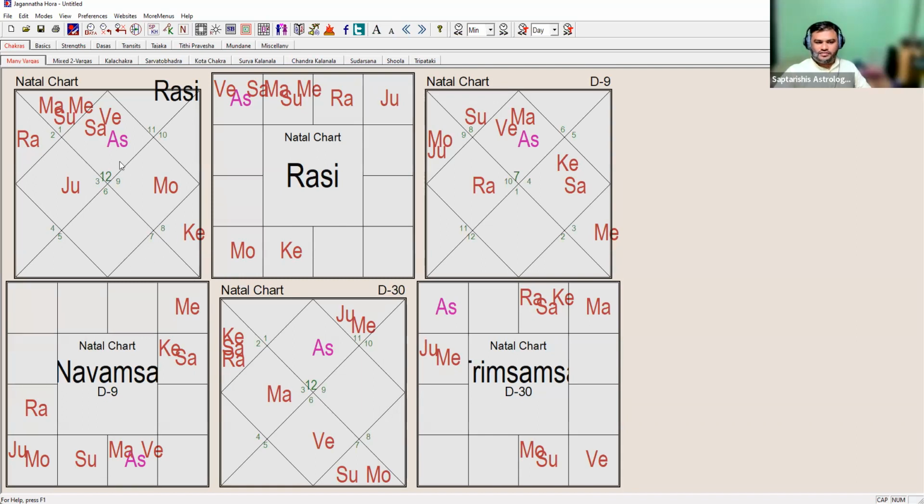Okay, so Venus is sitting with Saturn. By this alone, we can't say there is a malefic result related to the 8th house. No. That is only indicating something very crucial related to longevity. Both can be possible.